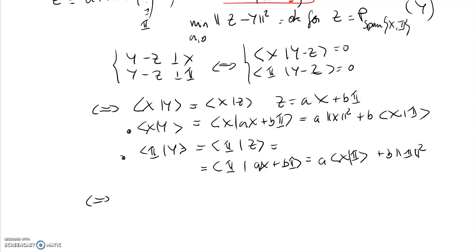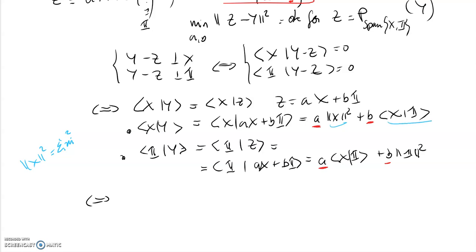Basically, we are looking for a and b. These are our unknowns. We have a times the norm of x squared, which you can calculate: the norm of x squared is the sum of xi squared, where these are your observations.